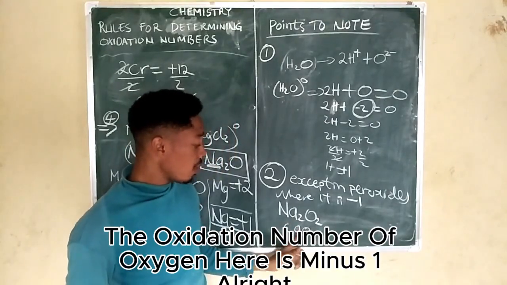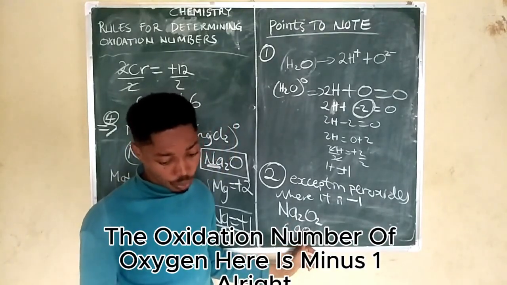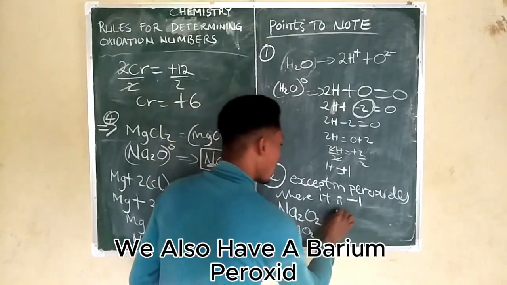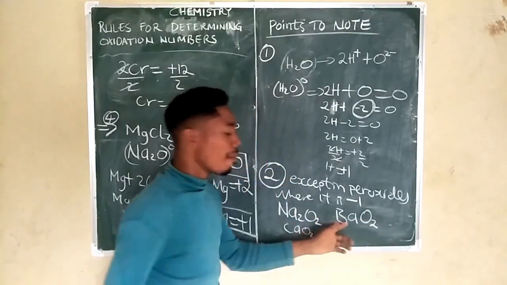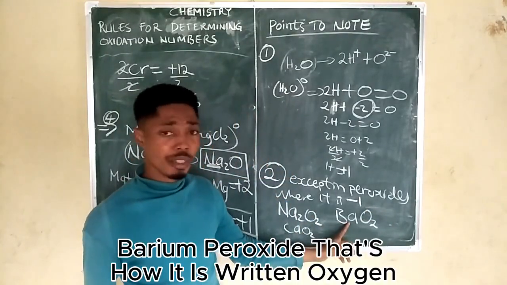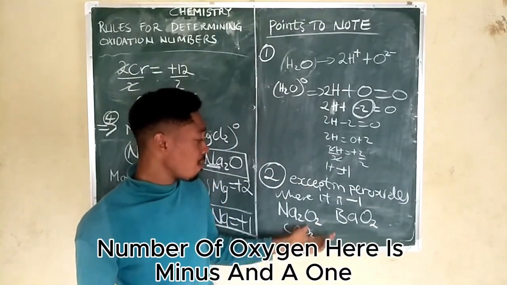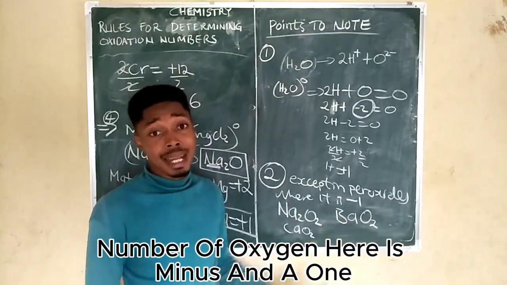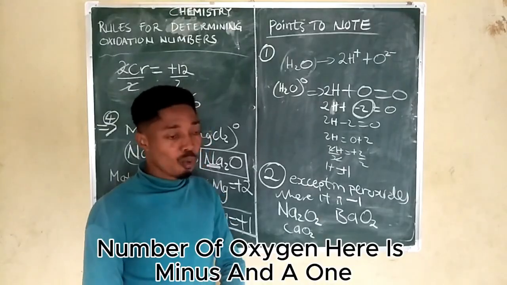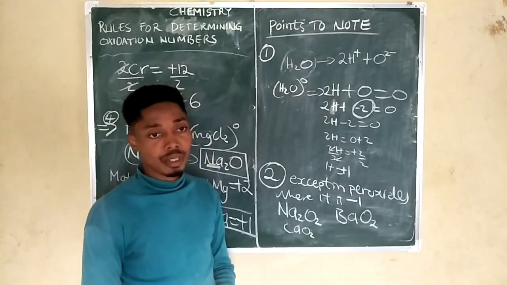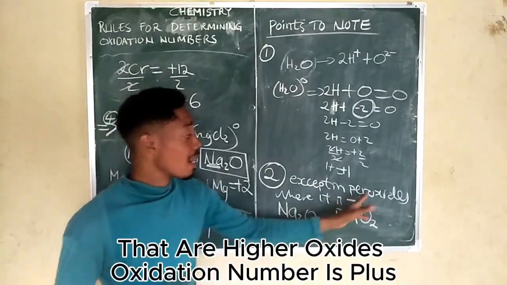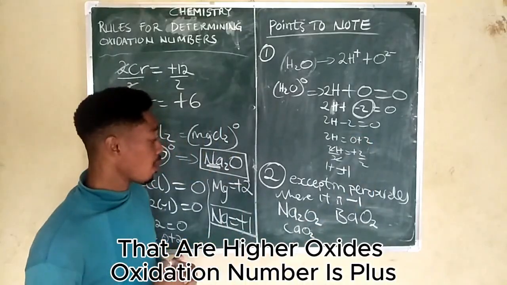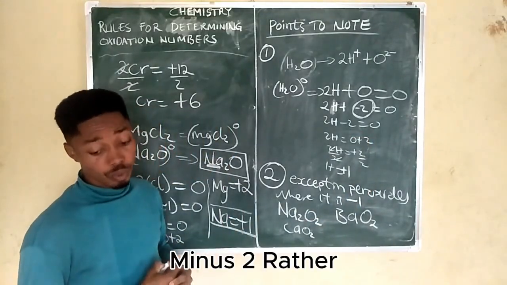The oxidation number of oxygen here is -1. We also have barium peroxide. That's how it's written. The oxidation number of oxygen here is -1. But most other compounds that are not peroxides or higher oxides, the oxidation number is -2.